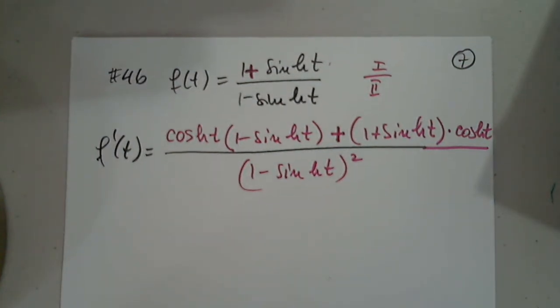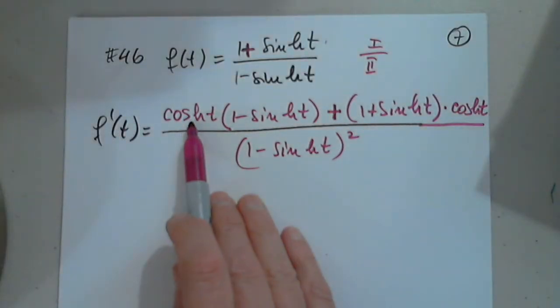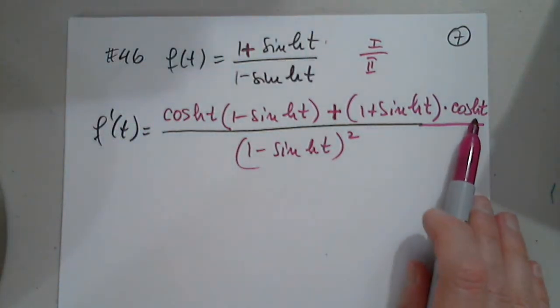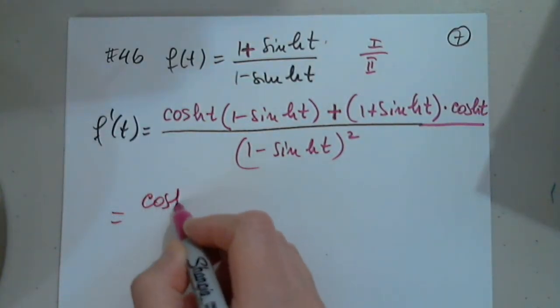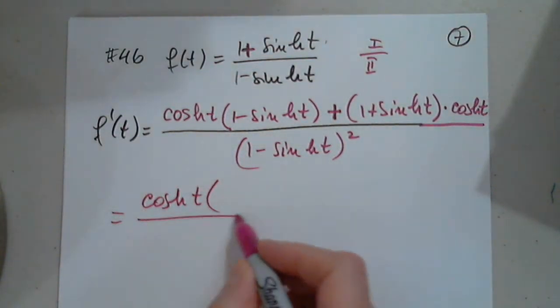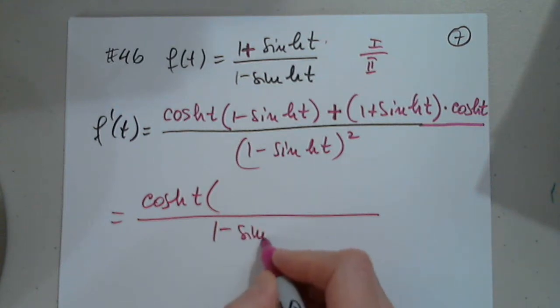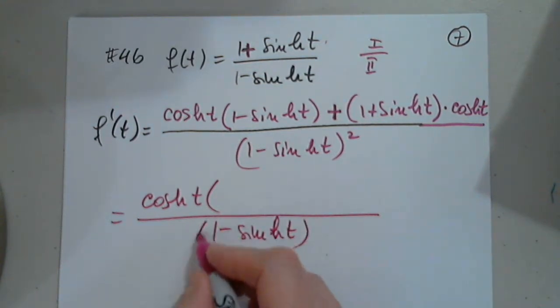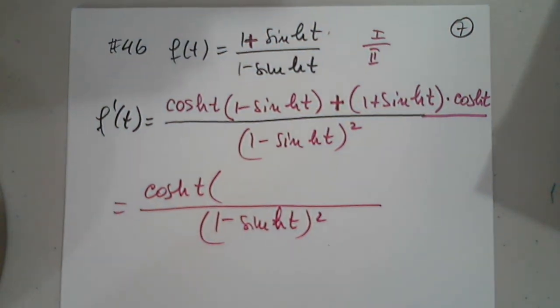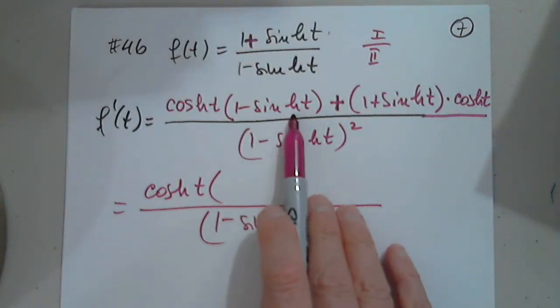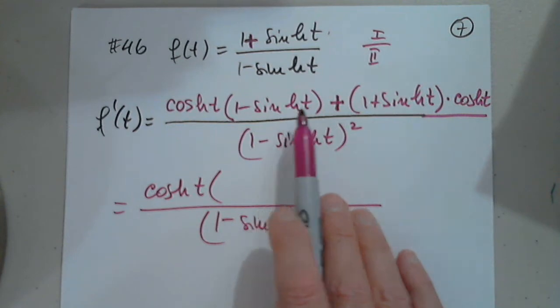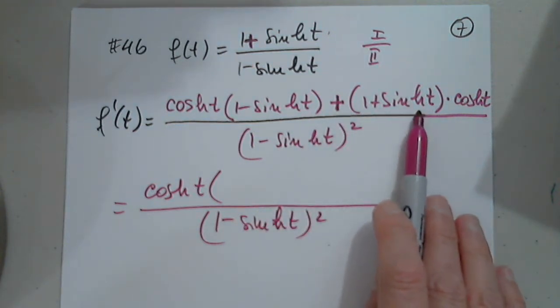So let's try and simplify. But as you see, we have a hyperbolic cosine in both terms. I'm going to pull that out. Then I have 1 minus hyperbolic sine, plus 1 plus hyperbolic sine, right?